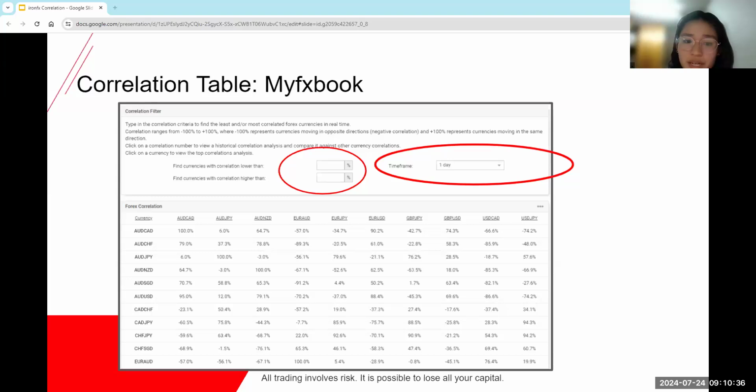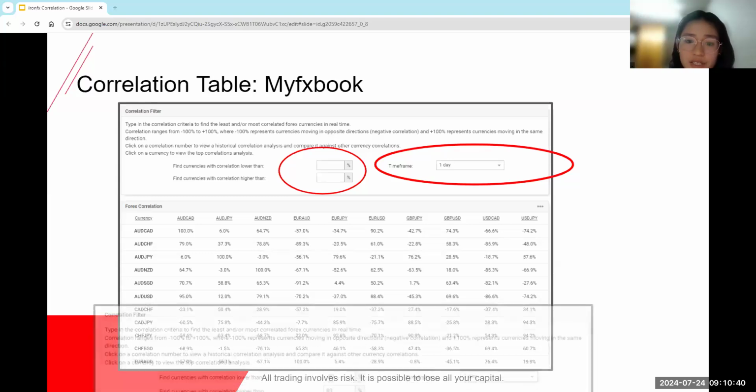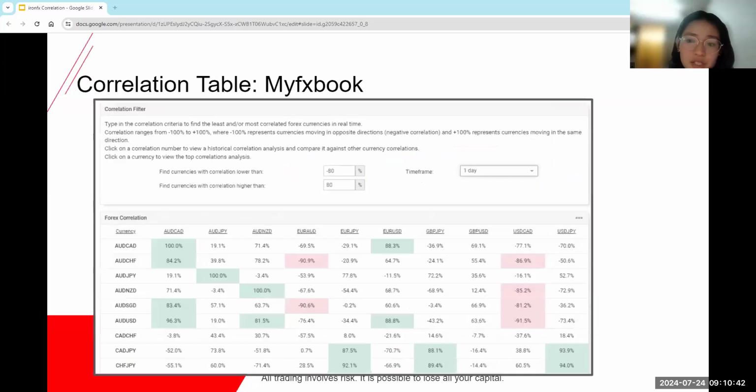You simply input that into the filter and it will highlight all of the currencies that match what you have requested. This is a really easy way of finding correlations. You can see, for example, between Oz franc and Euro AUD, that they have a pretty strong negative correlation of minus 90.9%.